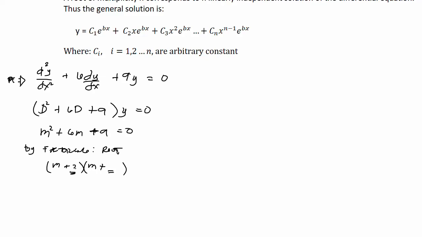So we have m plus 3 multiplied by m plus 3. If you want to check, you can do the long method: multiply each term on one side by each term on the other side, and we will come up with the initial auxiliary equation. That is for checking our answer.